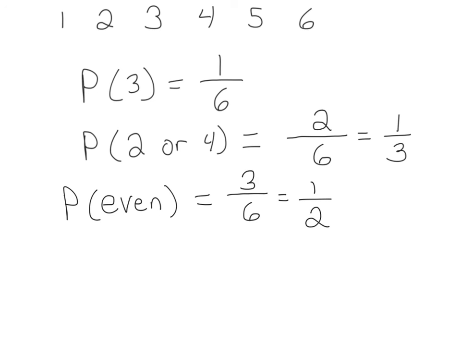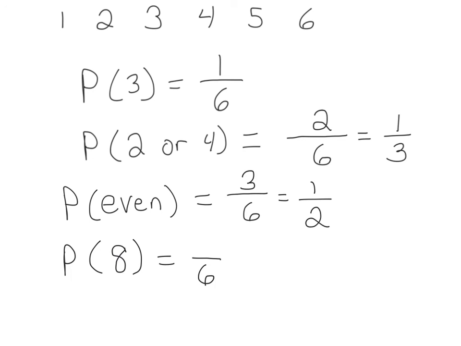And the last question is, what is the probability that if I roll 1 die, I will roll an 8? Well, let's take a look. I know that I can roll a 1, 2, 3, 4, 5, or 6. So that leaves me with 6 possible outcomes.